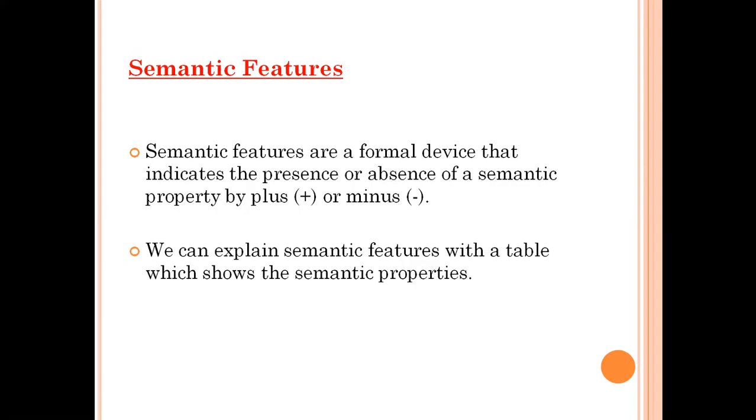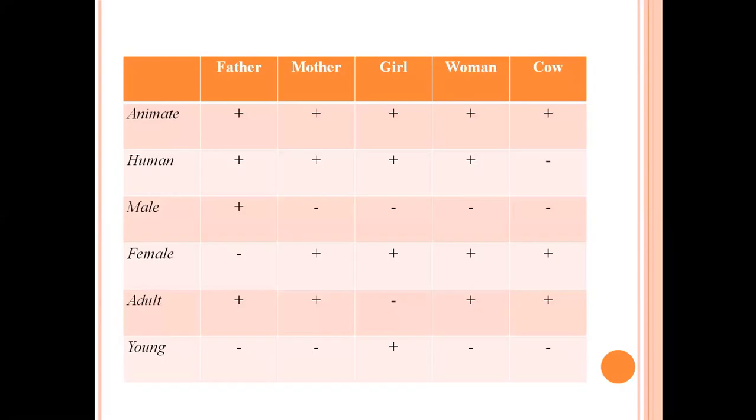Let us look at a table. Now we have selected some words like father, mother, girl, woman, and cow. We have selected these 5 words. Now we will show the semantic properties of these 5 words by using plus and minus sign.